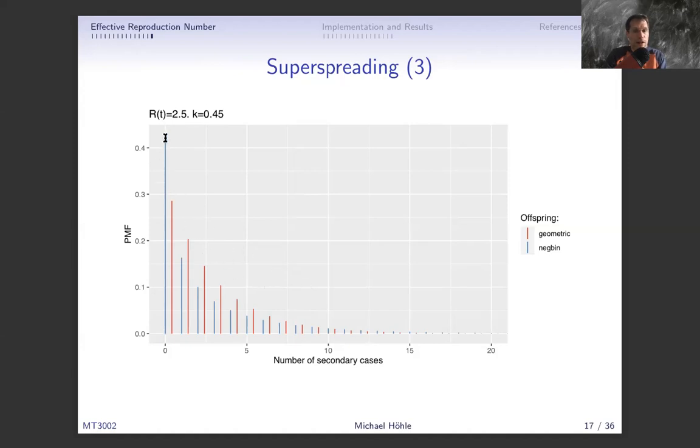So you have a larger number of people who don't infect anyone, but you also have a very long tail of this distribution. I cut it here at 20, but you can infect quite a large number. In order to still have the same mean, of course, that means this one here is going to be larger.